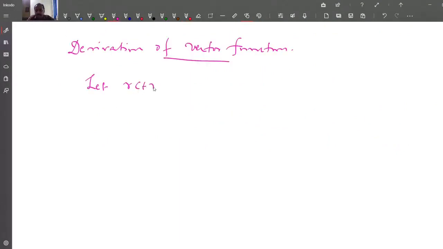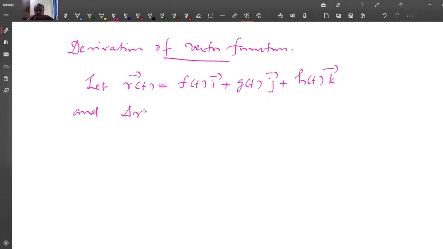Now we discuss derivatives of vector functions. Let r of t equal to f of t i plus g of t j plus h of t k, and delta r equal to r of t plus delta t minus r of t.